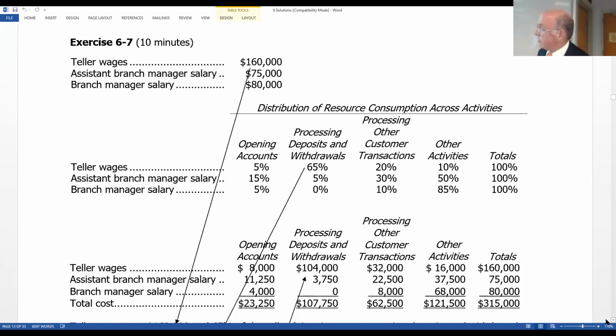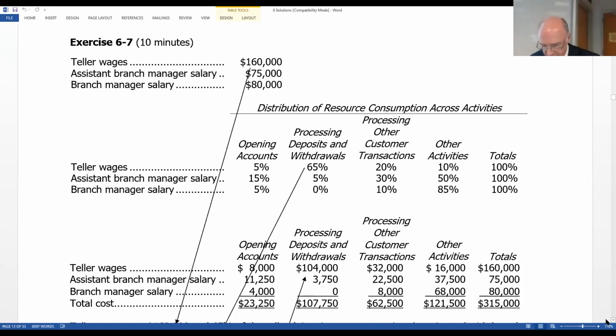So I have a question for you. For the teller wages there, under opening accounts, teller wages, 8,000. See that 8,000 in the opening accounts teller wages? Where did that come from? 5%. 5% of 160,000, right? Yeah, 160,000 times 5% is 8,000.